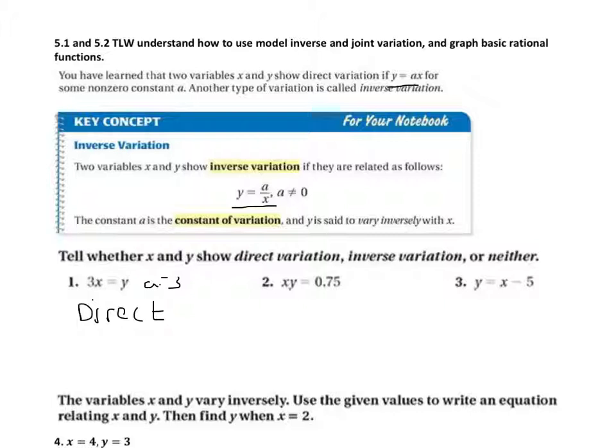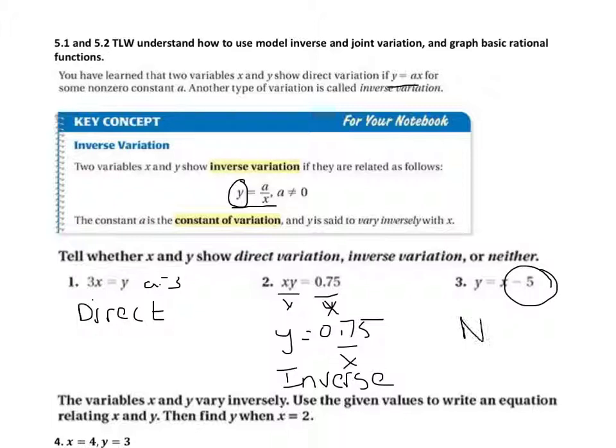It looks like neither, but I got to solve it for y. See how it has y equals right there? 0.75 over x. So that is inverse. And see how there's that plus or minus? That sign right there means neither. Because see, do you see plus or minus anything here? No.